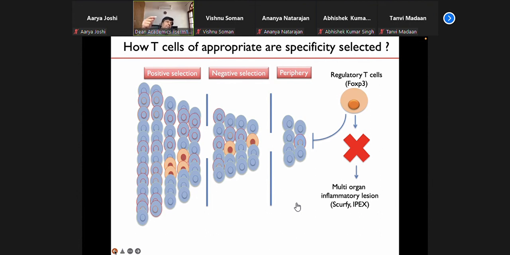So it's not like for one epitope you'll have only one cell, and that is a good thing, because if something wrong happens to one particular cell, you would lose that specificity.